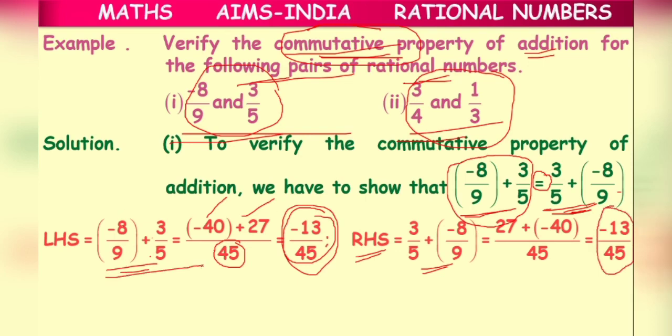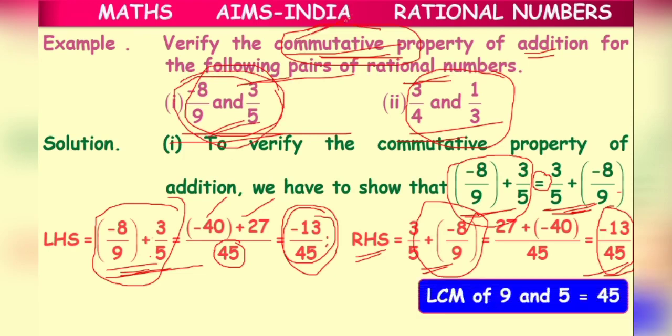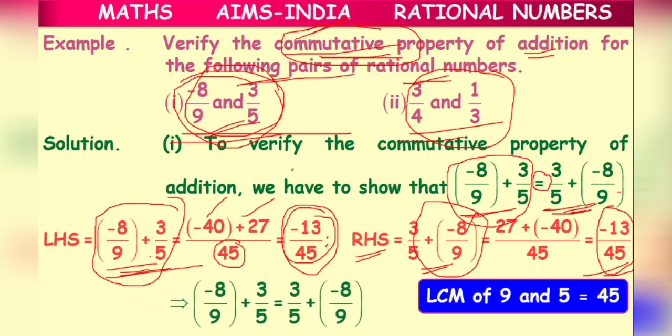So the LHS value and RHS value are both the same. Means first plus second, second plus first, we can add in any order, the result is the same. So this pair of rational numbers follows the commutative property. Both LHS is equal to RHS.